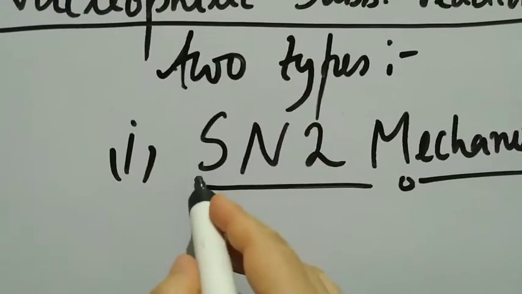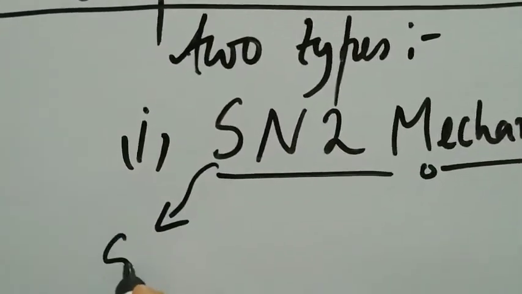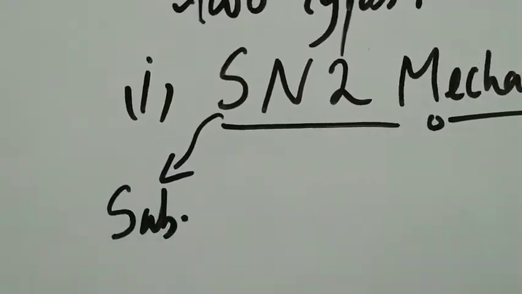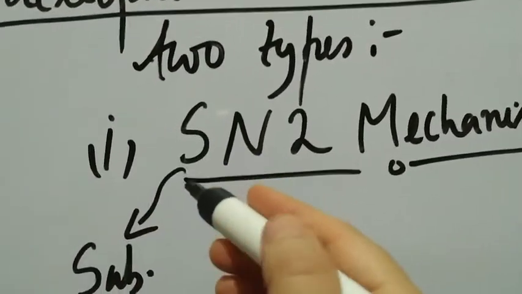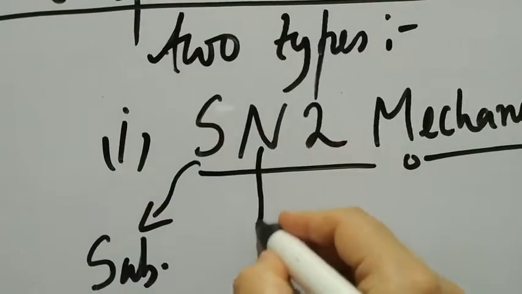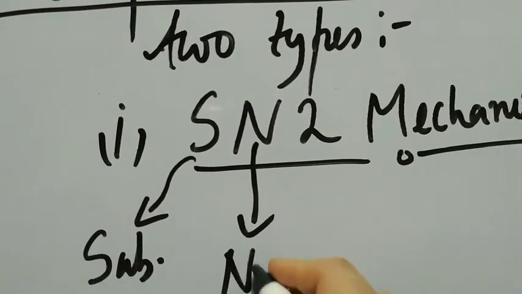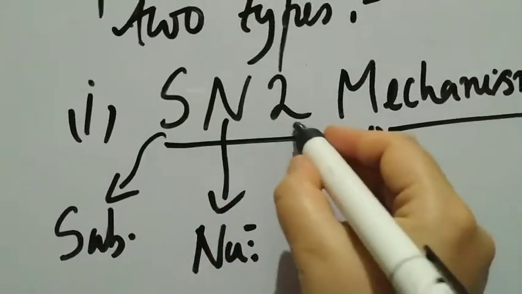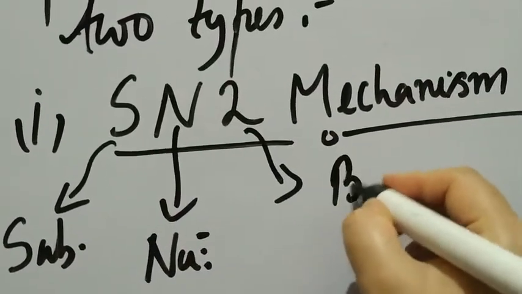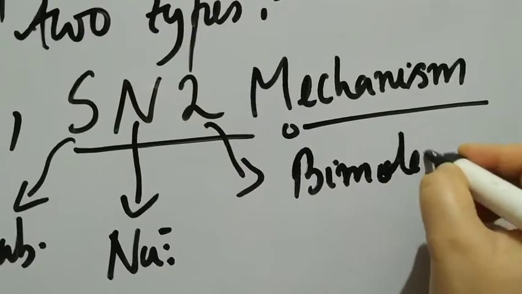Now this Sn2, the name stands for: S is substitution, because that is the primary type of reaction we are talking about. There's a substitution of one nucleophile by another, and since there's a substitution of the nucleophile, N stands for nucleophile, and 2 because this mechanism is bimolecular.